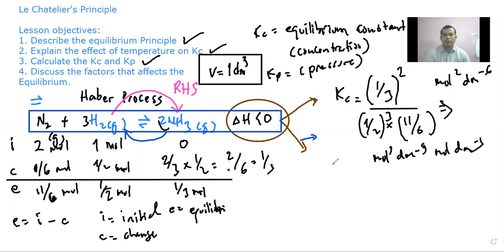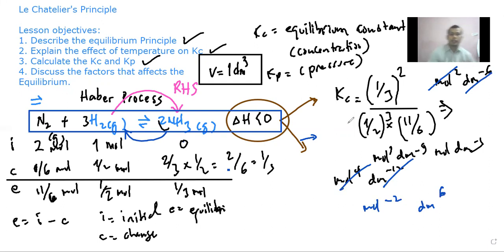So at the bottom you would have mole power 4 dm minus 12. So you can cancel here, cancel, cancel, cancel. Now the leftover would be mole minus 2 and dm power 6. That's how you do the Kc.